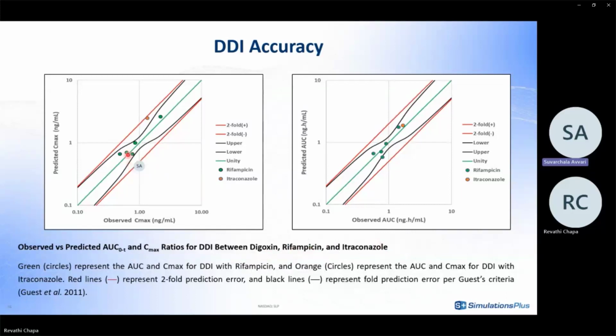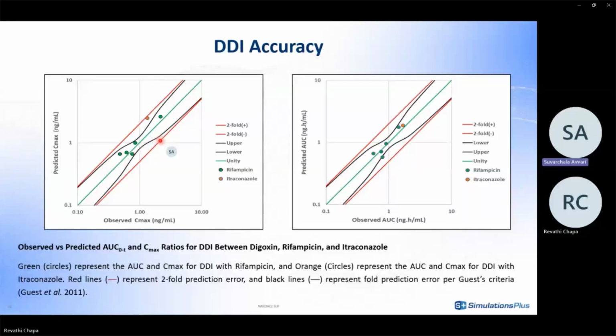The green circles represent the AUC and Cmax comparison of the observed and the predicted values for rifampicin, and the orange circles represent the Cmax and AUC comparison for itraconazole. The red lines represent the twofold prediction errors, and the black line represents the error as per the Guest criteria that we have seen in the earlier slide.